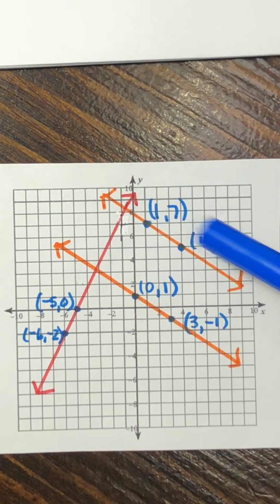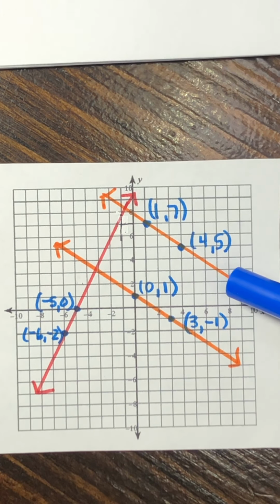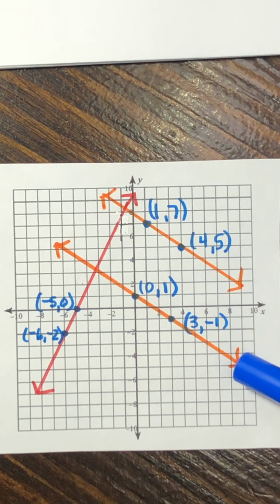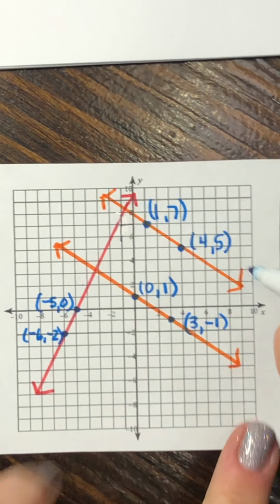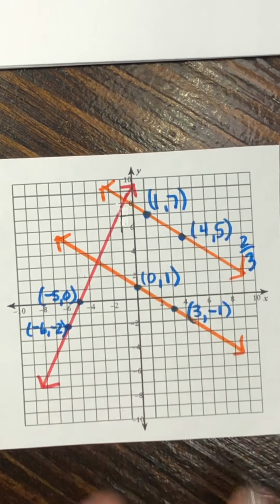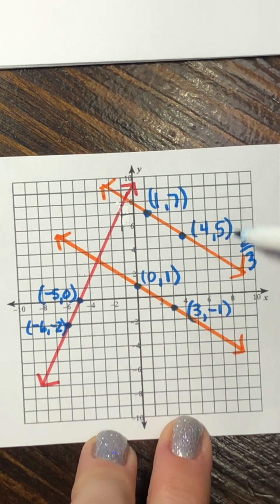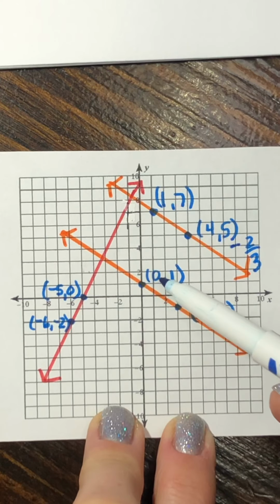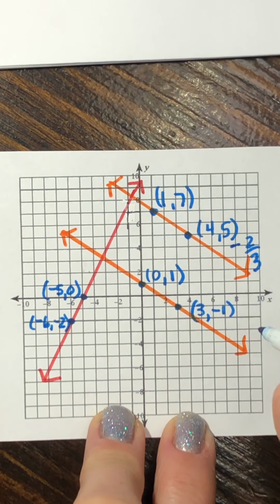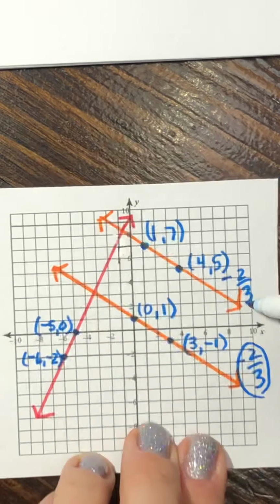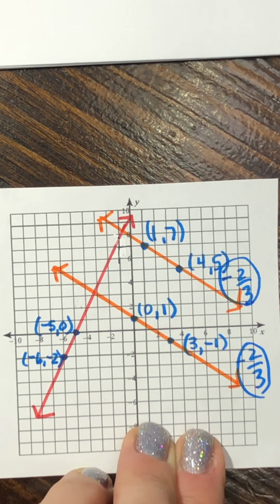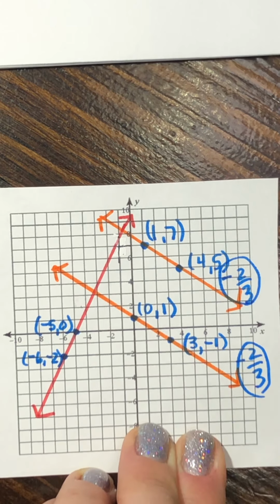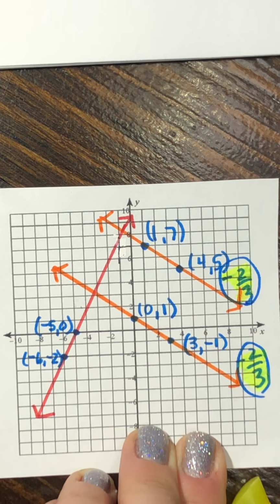So this orange line right here was our line A, okay? So this line has a slope of, I'm sorry, it was the negative 2/3. And then I went and graphed the 0, 1 and the 3, -1. And we noticed that these two, if you remember when I circled them like this, I put them in yellow highlighter because they were both the same. So I have a slope of a negative 2/3 here and negative 2/3 here.